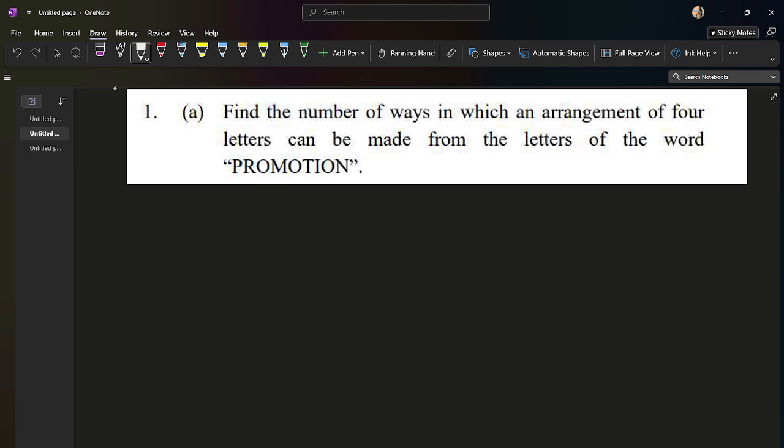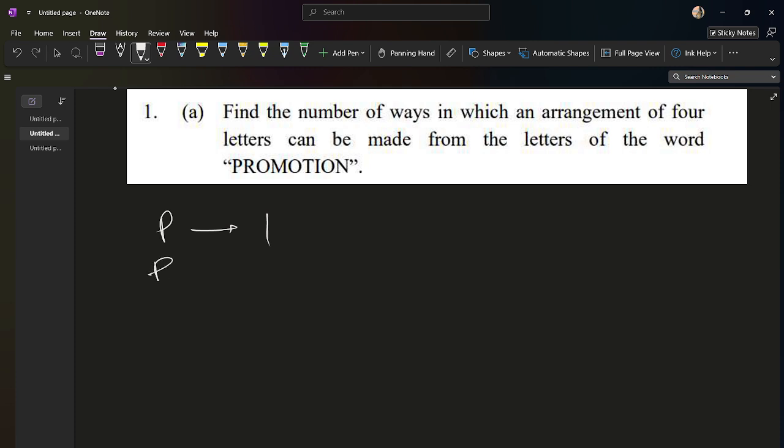So analyze the word promotion. The word promotion has 9 letters. Let us take the letter P. P is coming 1 time, so the occurrence of P will be 1.